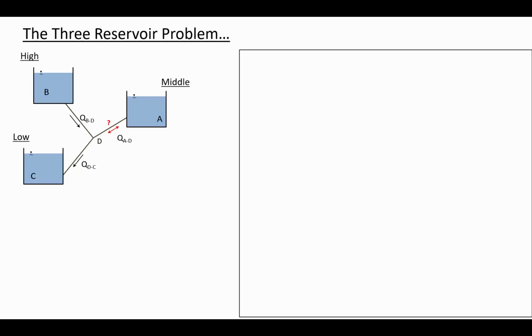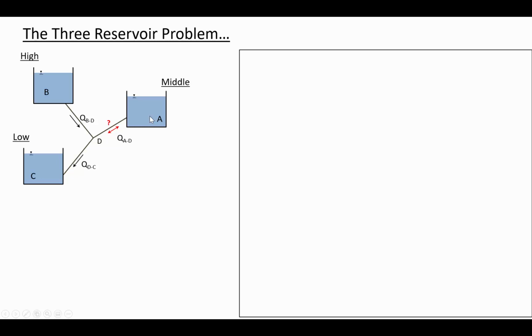And so, it could be one of two things. It could be that the water is flowing from the upper reservoir B, and it's flowing into both A and C, and so the water could be going down and then flowing to C, and then it could also flow over here to A. So that's one possibility.